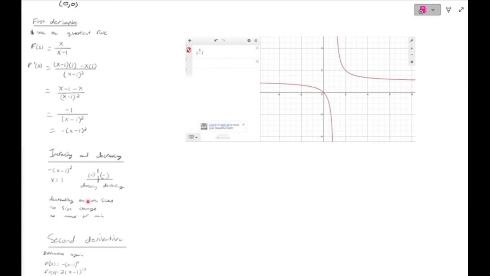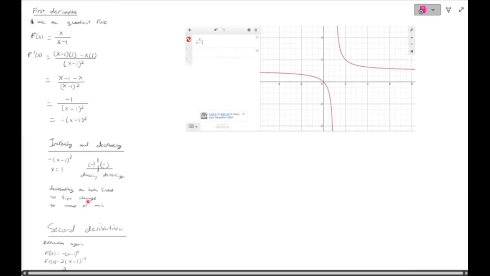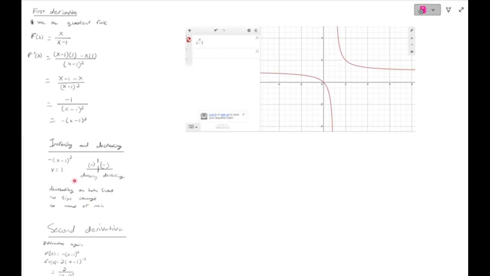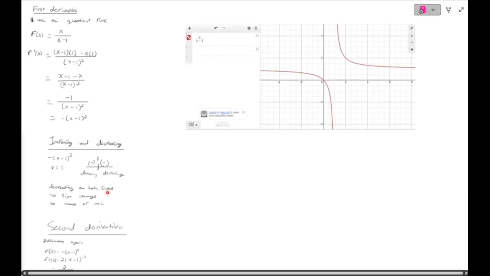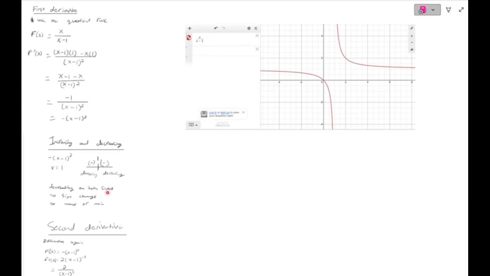This means the function is decreasing everywhere in its domain, on the interval from negative infinity to 1. The graph starts near y equals 1 from below, moves downward as x increases, passes through the origin, and continues decreasing toward negative infinity as it approaches x equals 1 from the left.